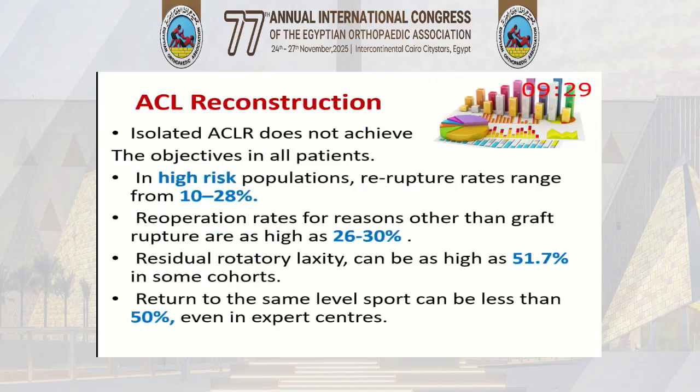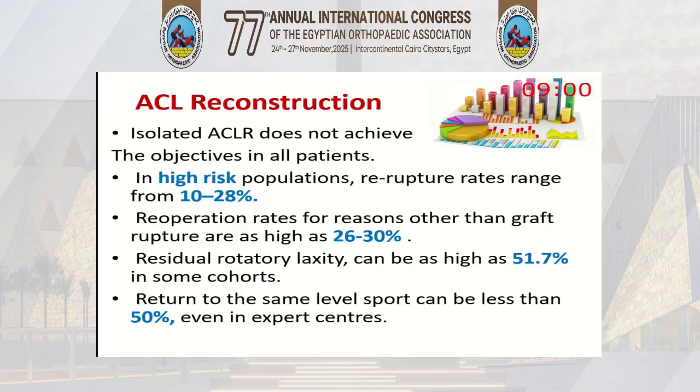However, ACL reconstruction does not achieve the objective in all patients, with re-rupture rate about 30%, and residual laxity in 50%. Less than 50% of ACL reconstruction patients can return to their same level of sport even in expert centers.